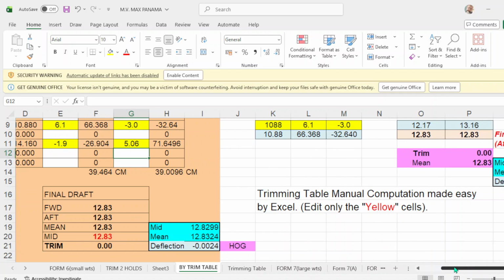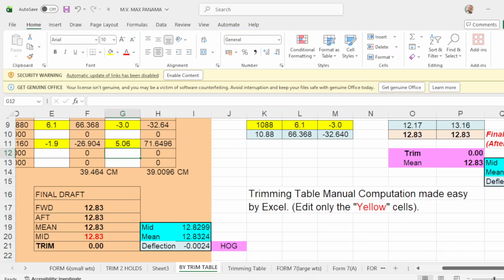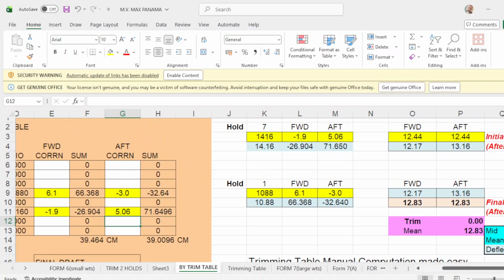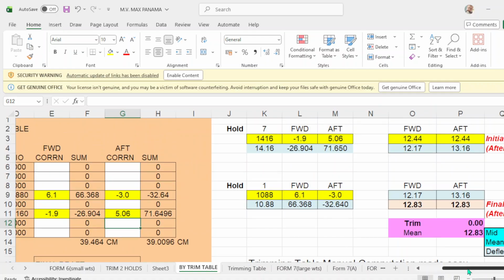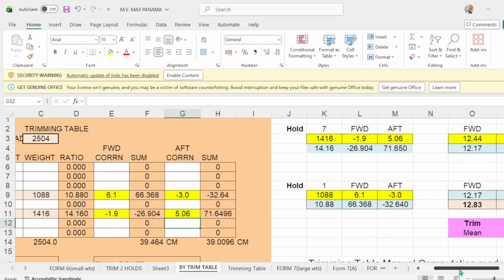Okay? Then there's another solution for your trim table. Take note, usually in loading or recommended cargo for loading, we start on the aft part, which is hold number 7, so we will have a good trim after loading hold number 1. So hold 7 is 1416. Correction is negative 19, aft is 506.